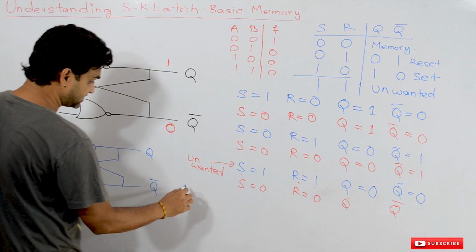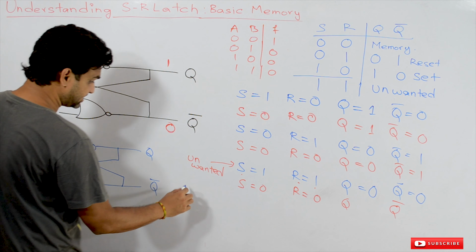S, R, Q, Q bar. If 0 0 is provided, it is just the opposite of the NOR gate. If 0 0 is provided, it is an unwanted state. If 0 1 is provided, it is going to be 1 0, just the opposite of this.